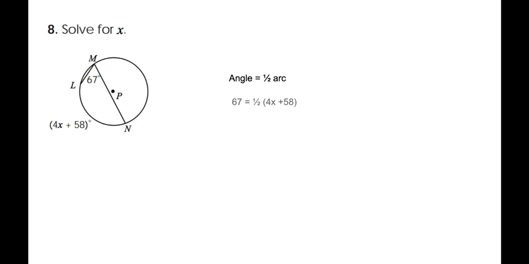So the equation will look like so. Now, what am I going to do with the 1/2? Good, distribute it. So I have 67 equals 2x plus 29. Subtract the 29, divide by 2, and x is equal to 19.